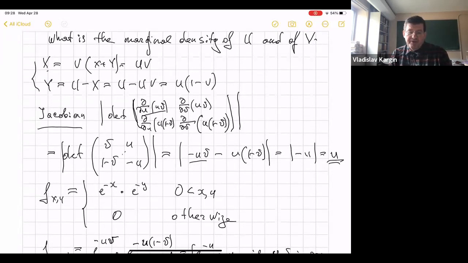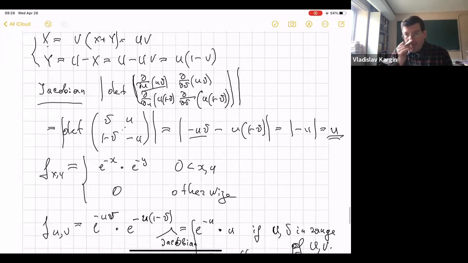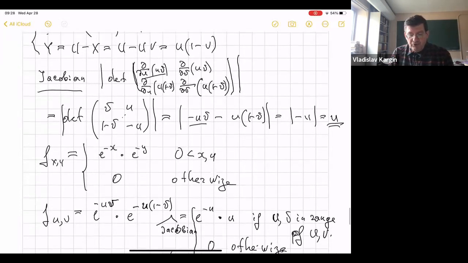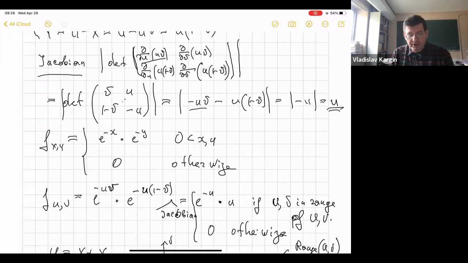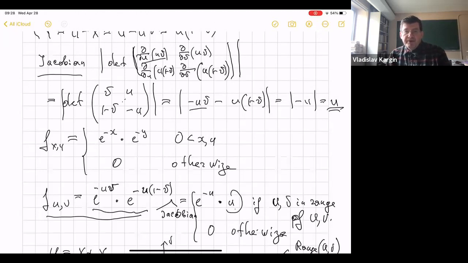Here there is a calculation of the Jacobian, so the point of this example is that you need the Jacobian to get the right joint density. So we have it here: f of u, v. This part came from calculating the inverse transformation, but we also need to multiply by the Jacobian, which in this case was equal to u.